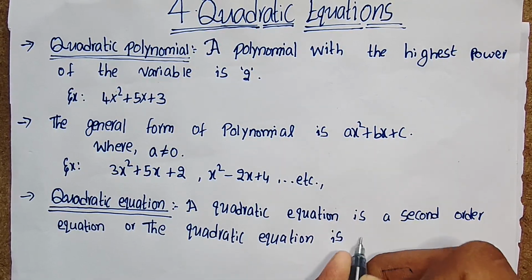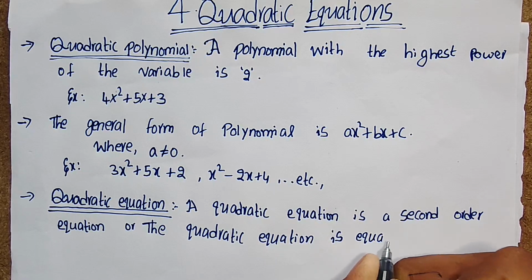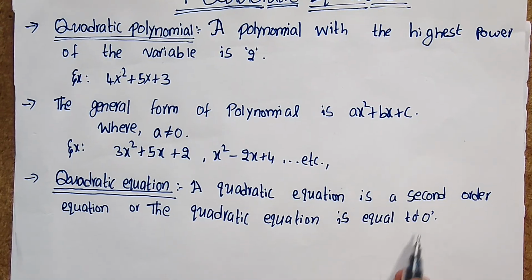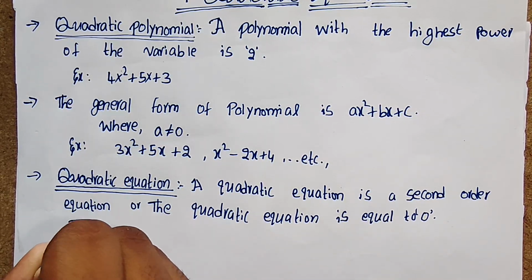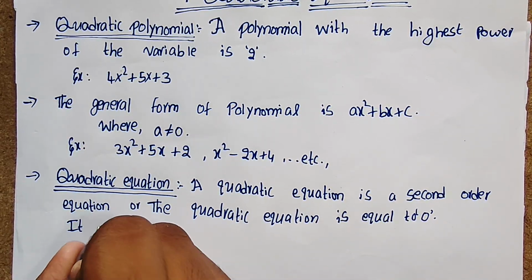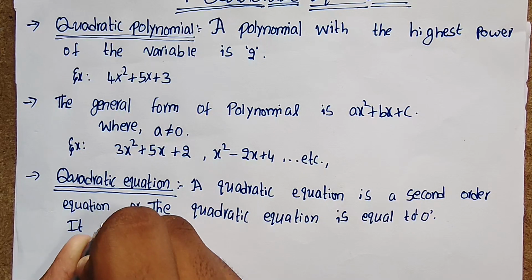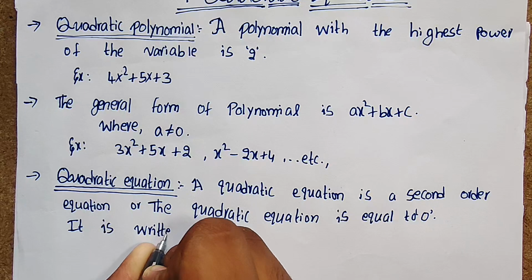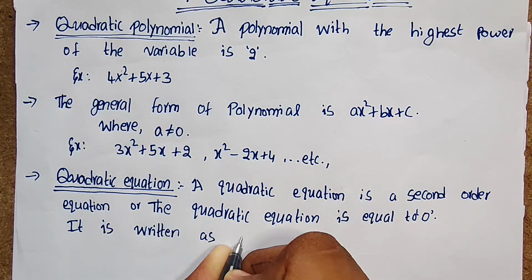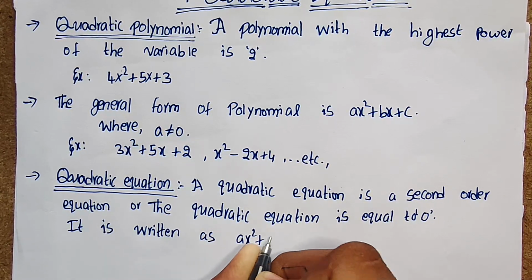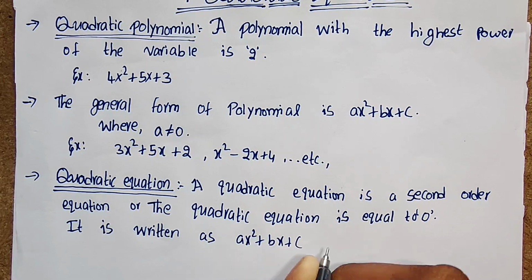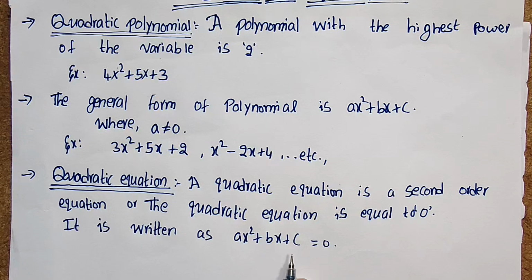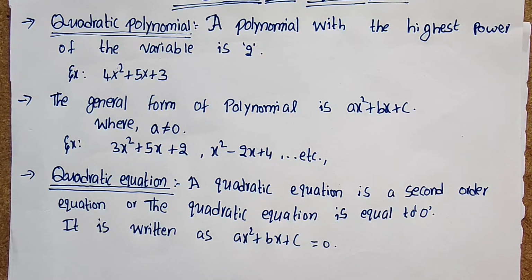So it is written as ax square plus bx plus c equals 0.